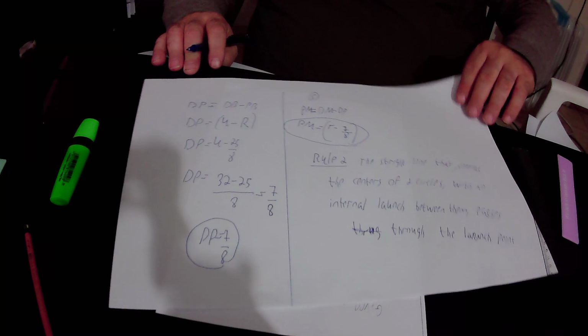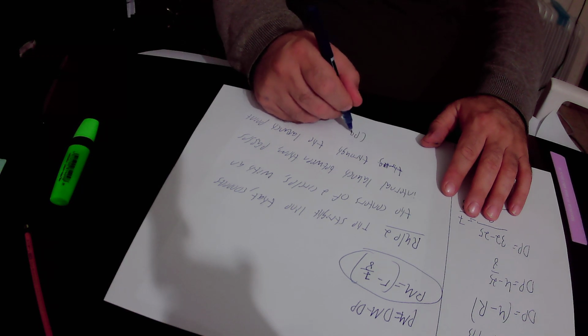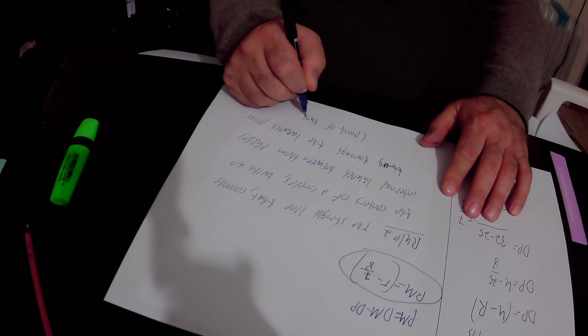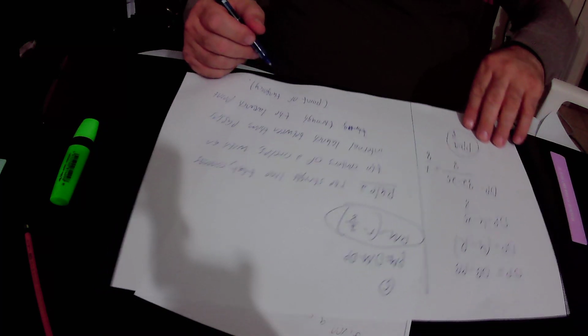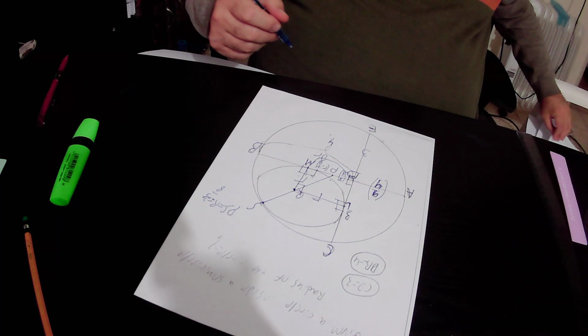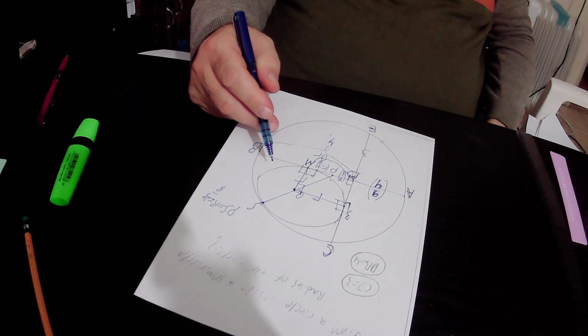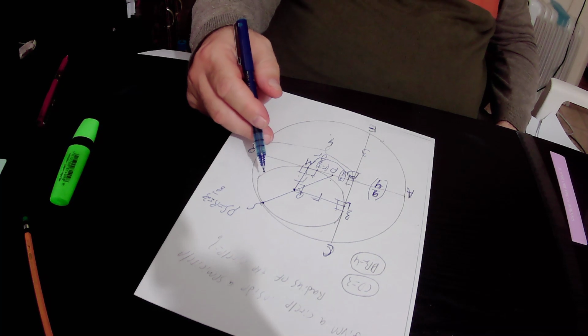And the tangent point is the point of tangency, or the touching point, between the two circles. So here between the big circle and the small circle, we have an internal tangent. Why?